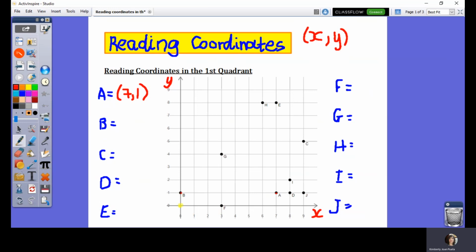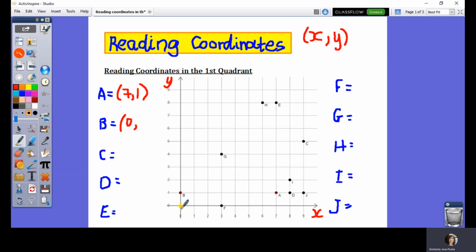Now we have B. So always start from the origin, the 0 point. First you have to move along the x-axis. Here he didn't move much, he stayed on the 0 position. Therefore, x here is 0.